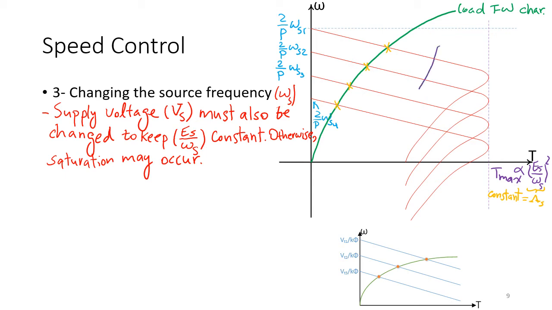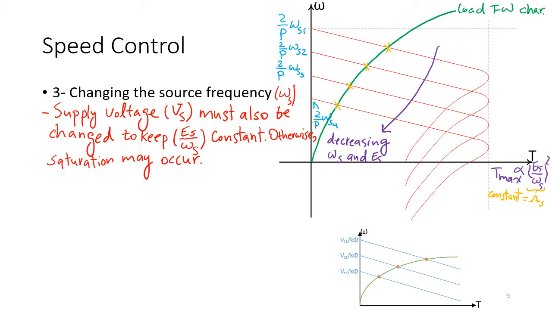And here we are decreasing both omega s and ES. The solution is very similar to one of the solutions we have for the DC motors, when we keep the flux constant and instead change the terminal voltage.